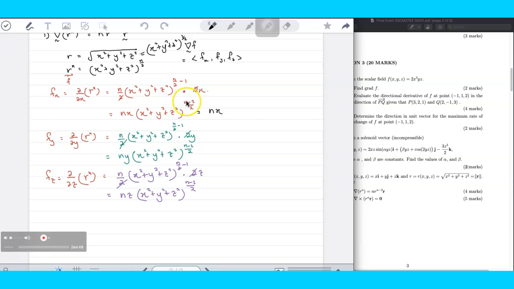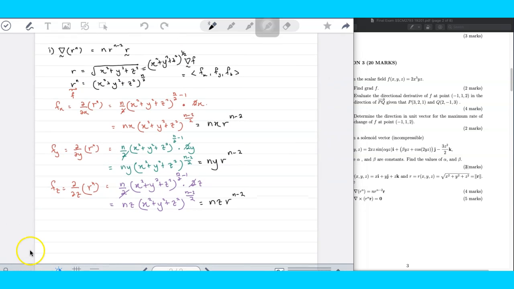You can see there is a 1 over 2 here, so you can rewrite that as r to the power of n minus 2. This one is also the same: we have n y r to the n minus 2, and n z r to the n minus 2.